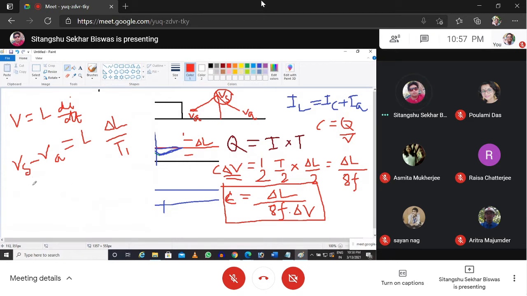So my T1 is equal to L del L divided by Vs minus Vo.